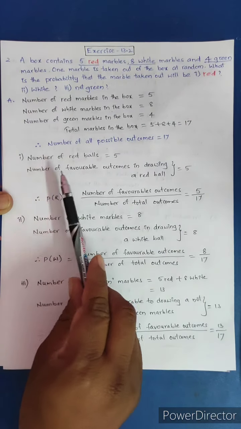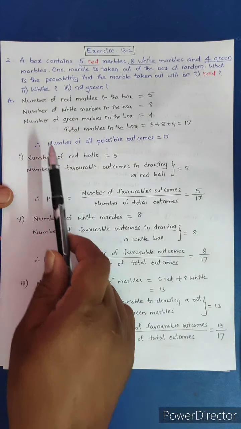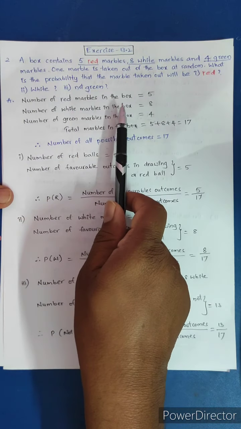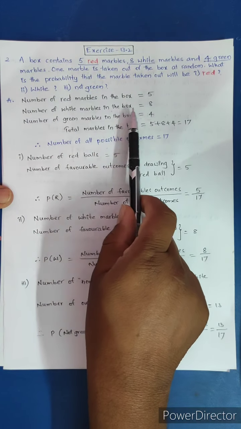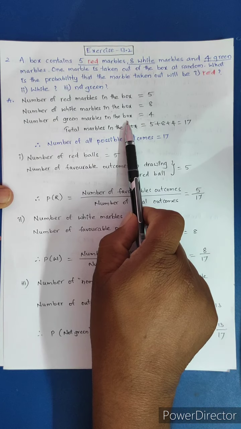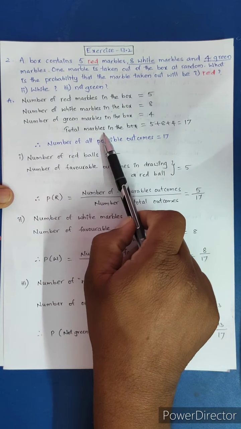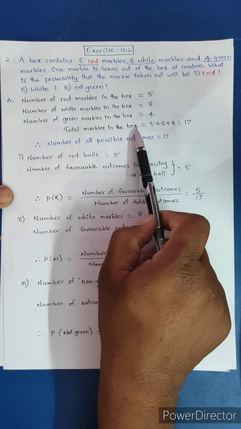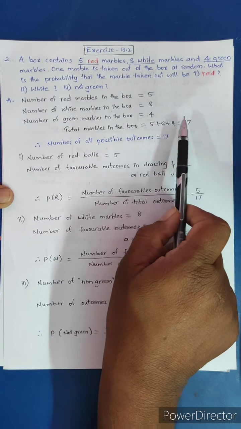That's all. For understanding's sake, by the simplification method: number of red marbles in the bag is equal to 5. Number of white marbles in the bag is equal to 8. Number of green marbles in the box, not bag, box, is equal to 4. Total marbles in the box: 5 plus 8 plus 4. 5, 8, 13 plus 4, 17.